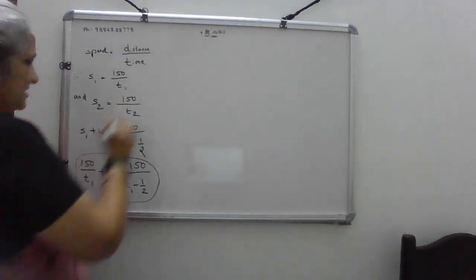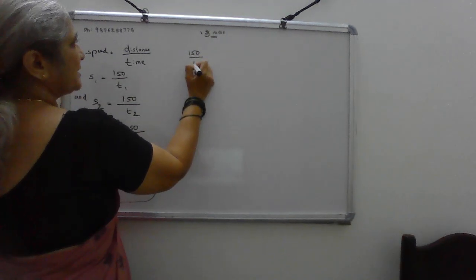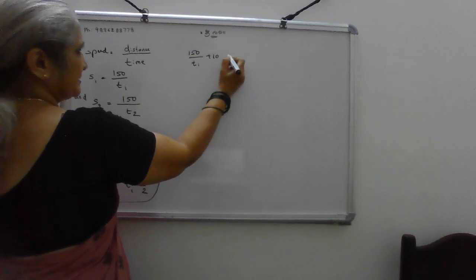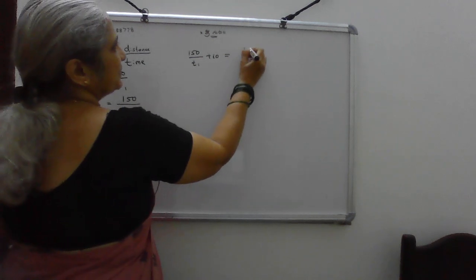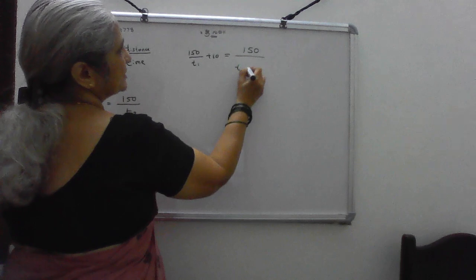Here we have the equation 150 upon T1 plus 10 is equal to 150 divided by T1 minus half.